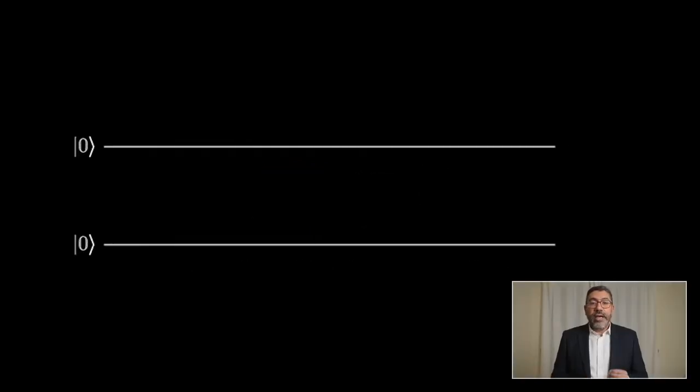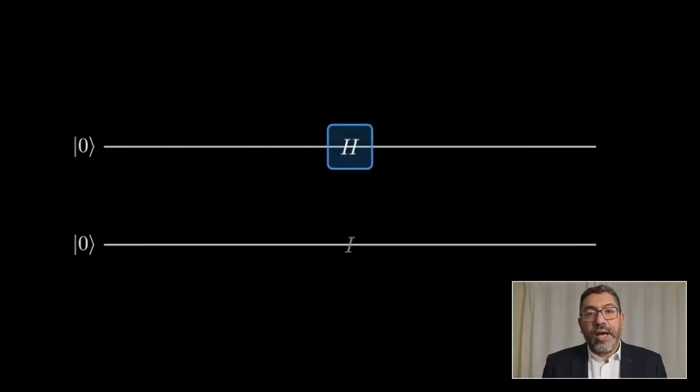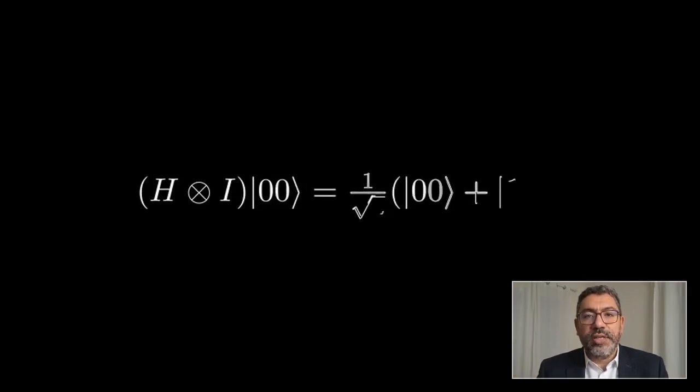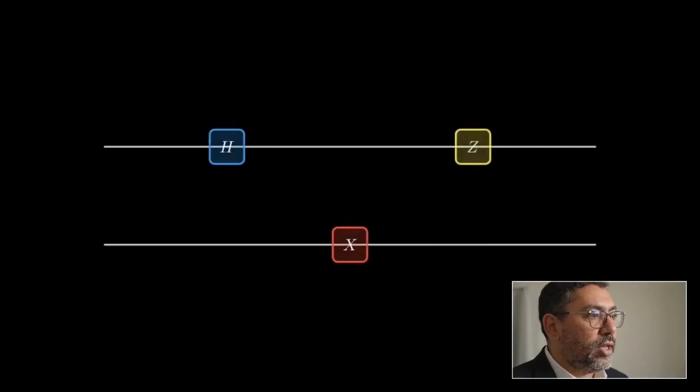For example, H tensor I means apply H to the first qubit and do nothing to the second qubit. Starting from 0, 0, applying H to the first qubit gives a superposition of 0, 0 and 1, 0. This is how we build larger quantum circuits from small gate operations.